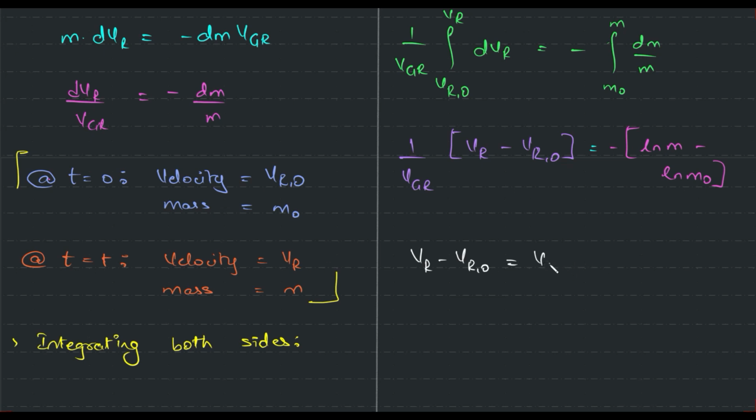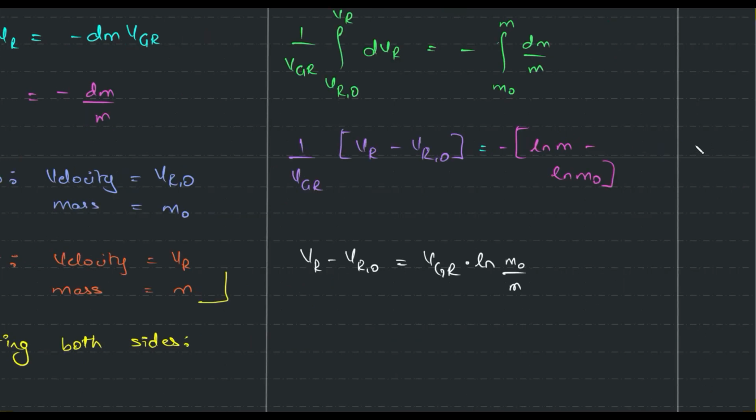Okay, yes. So log of m minus log of m naught will be log of m by m naught. Because there is a negative, that result will flip and you have this. If what I just told didn't make sense, let me write the formula. Log of a minus log of b is log of a by b.